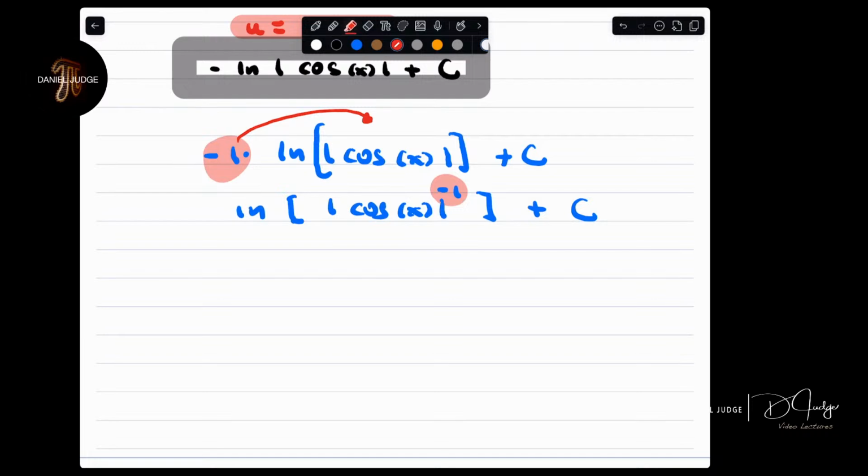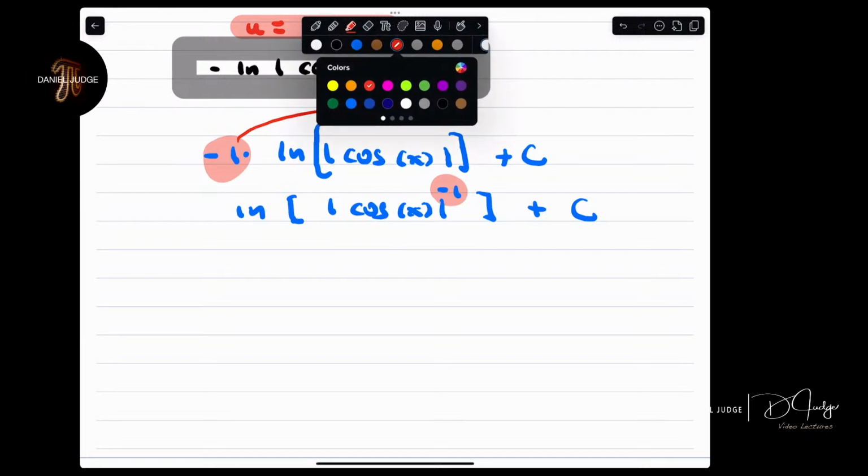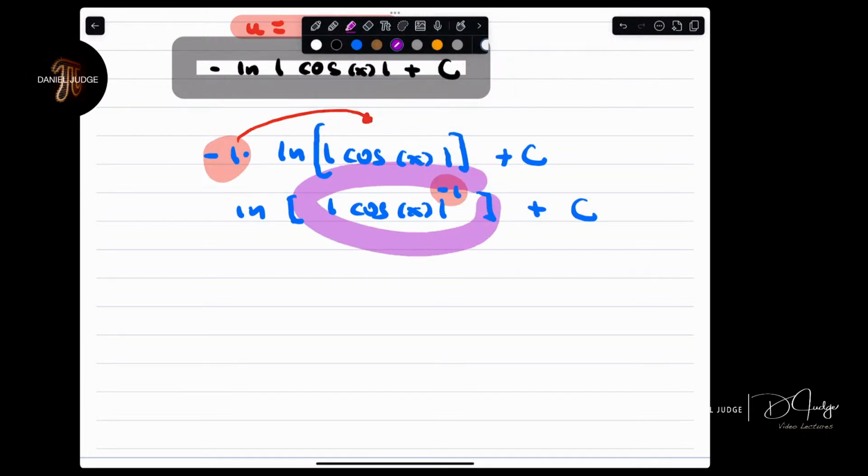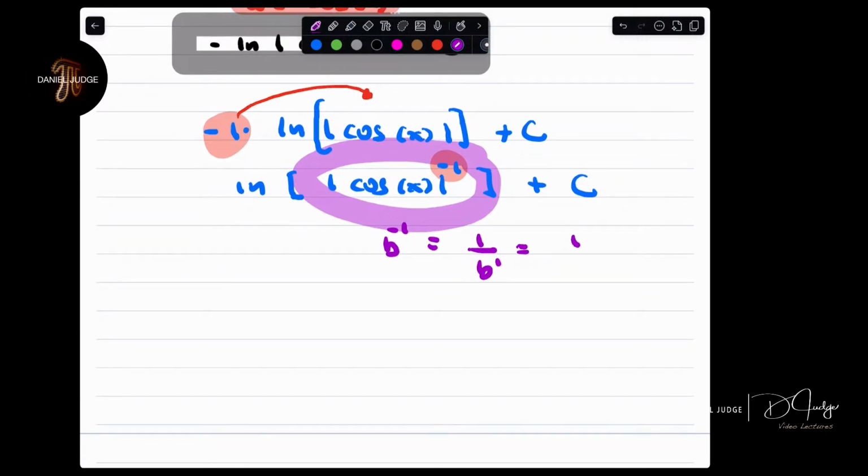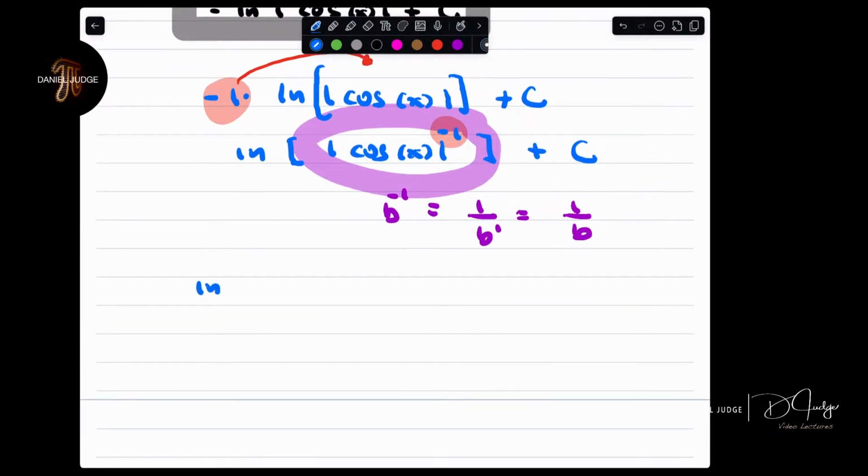And then all together now, using a little bit of algebra, if you will, right in here, just remember that any base to the -1 power is 1 over the base to the +1 power, which is just going to be 1 over b using a little algebra. So you end up with the natural log here of 1 over the absolute value of cosine plus c.